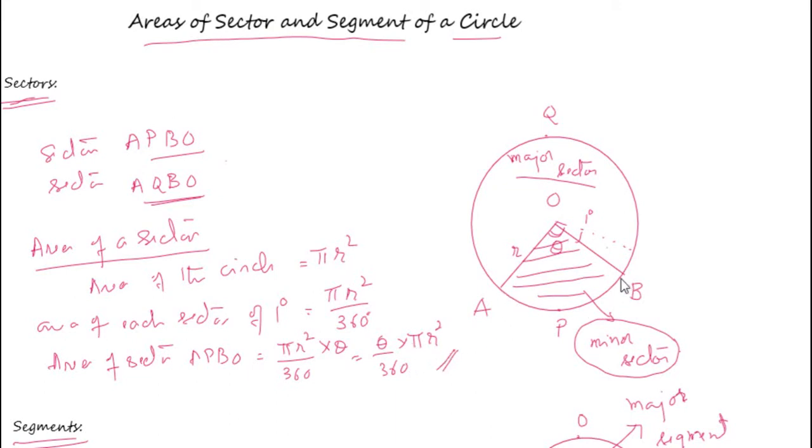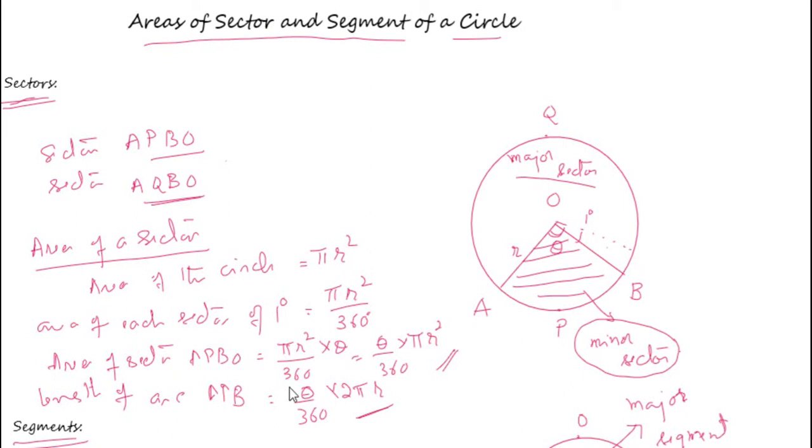Now APB is an arc. What is the length of this arc? Length of arc APB is equal to, the same way, theta divided by 360 into the total arc length, that is 2 pi r.